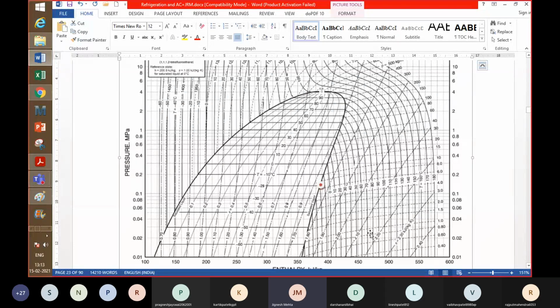So these are the constant entropy lines. So the process should move along a constant entropy line. But this point is somewhere between two lines, 1.7 and 1.8, right? You can also compare it with the values that you found with the help of tables. So it's somewhere between 1.7 and 1.8.